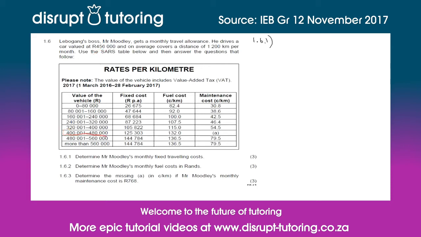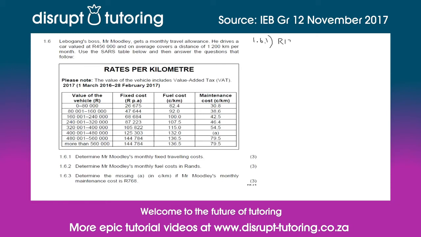So that's in this category over here. 456,000 is in this category. So we need to use this fixed cost because they said calculate the monthly fixed traveling cost. So this is the fixed cost in Rands per annum. P.A is per annum. So now we need to find what it is per month.